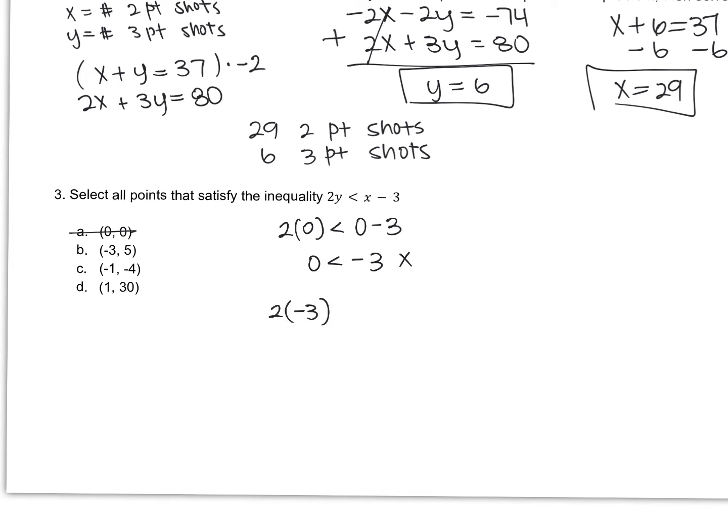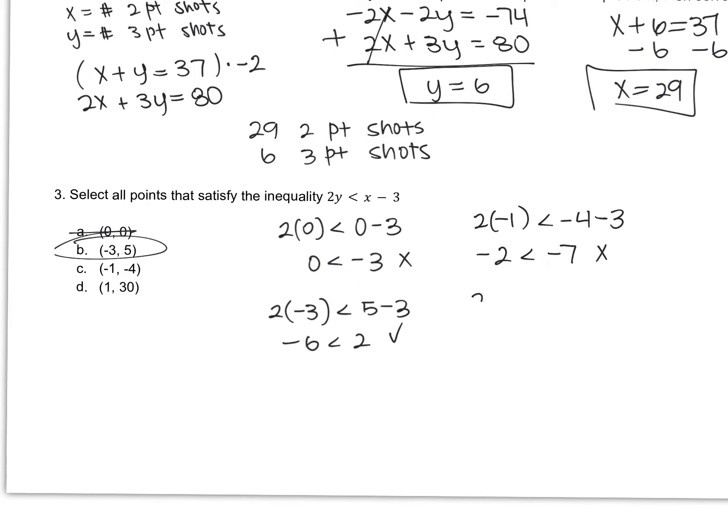So 2 times -3 is going to be less than 5 minus 3. So I get -6 is less than 2, which is true, which means it's a solution. Next, we have -1, -4. So I get -2 is less than -7, which is not true.